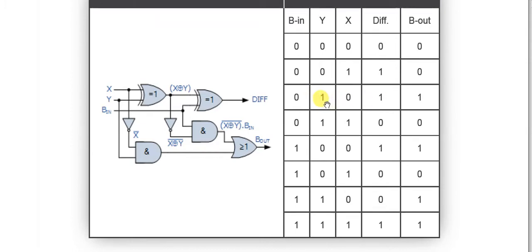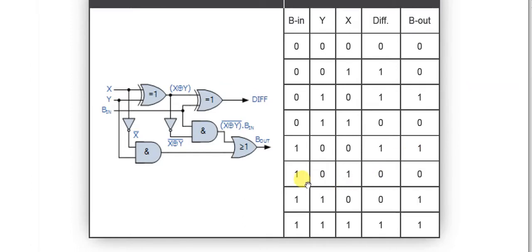And another case which we have is the borrow in we have got here. In this case the difference is 1 and borrow out is 1, and the other two are Y is 1 and B in, borrow in, is 1.